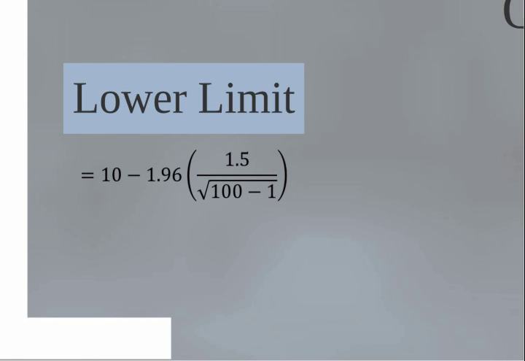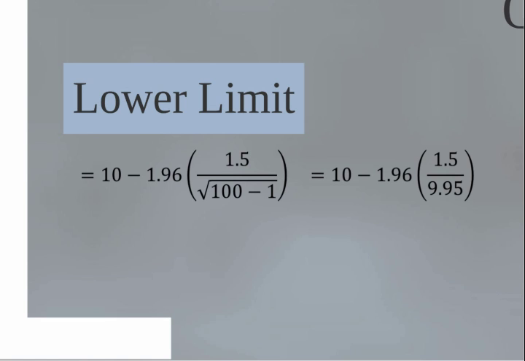So in the lower limit we have our sample mean of 10 minus our z-score of 1.96 times our standard deviation of the sample of 1.5. And then we'll have our n, or our sample size, of 100. That's where those numbers are plugged in. We'll just follow through with this calculation here.